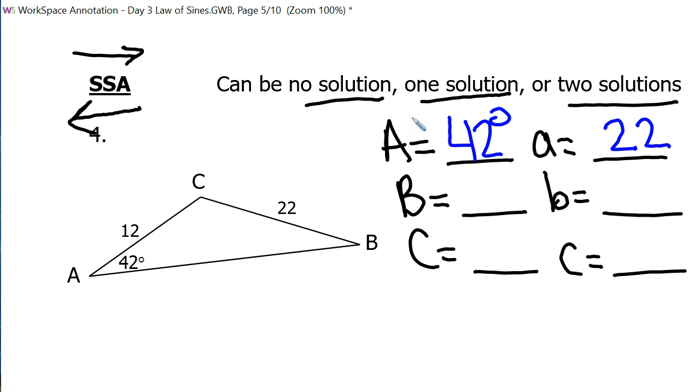Side B is 12. So both cases, side B is 12. Now, we need to use the law of sines to find some of this missing information. So we'll start with case 1. If you want to label these, here's case number 1. Here's case number 2.